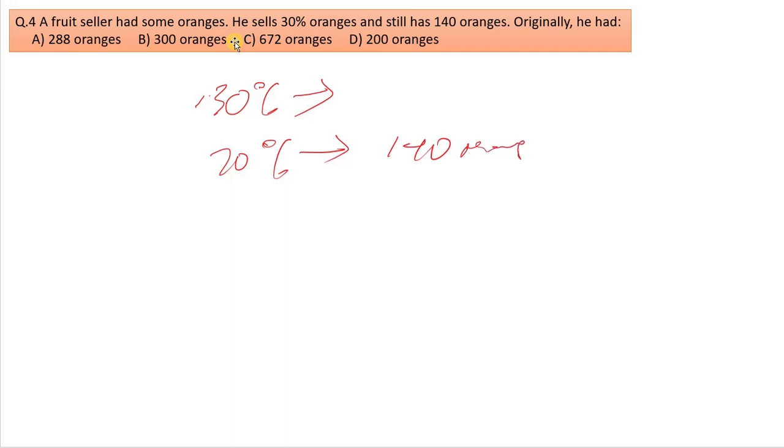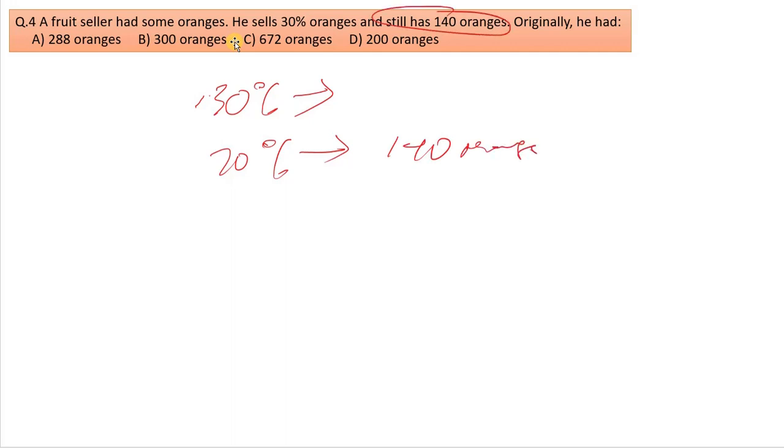Now question number 4. A fruit seller has some oranges. He sells 30% of the oranges and still has 140 oranges. Originally he had how many? If he sells 30% of the oranges, he still has 70% of the oranges left with him. This 70% is 140 oranges, as the question says.